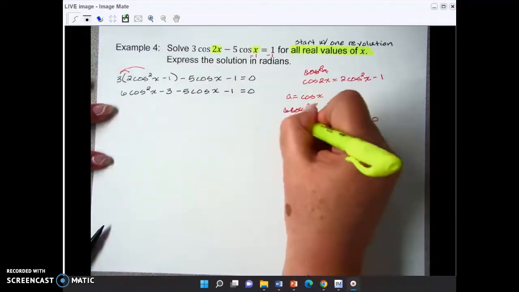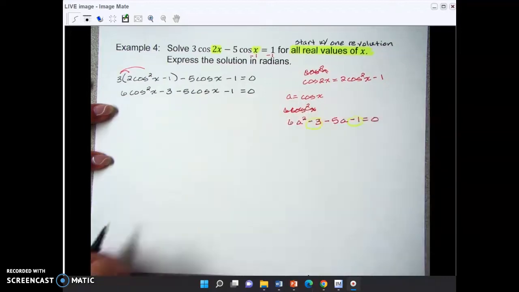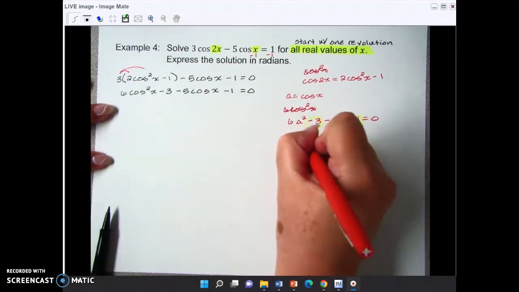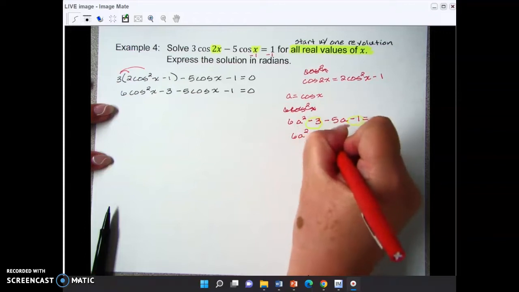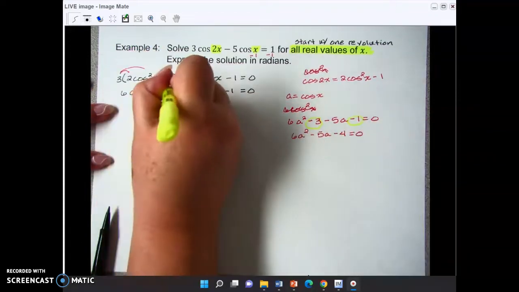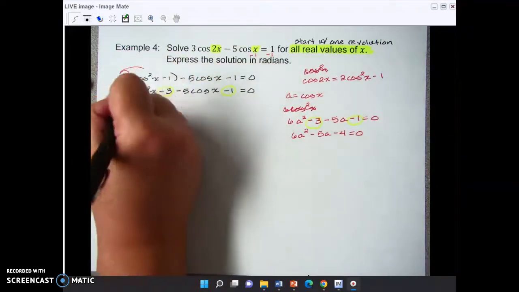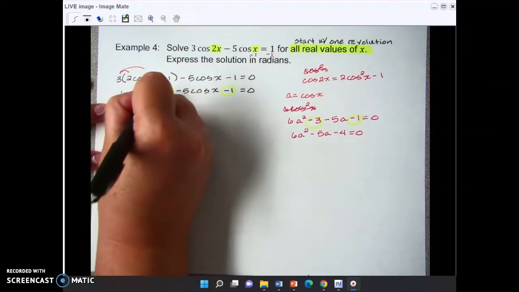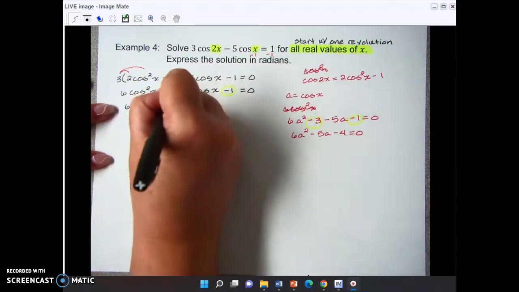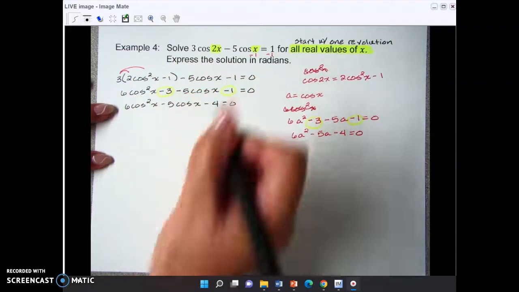So hopefully we can see that negative 3 and negative 1 give me negative 4. So this is 6a squared minus 5a minus 4 is equal to 0. So over here real quick, I'm going to combine these together. So I get 6 cosine squared of x minus 5 cosine of x minus 4 is equal to 0.